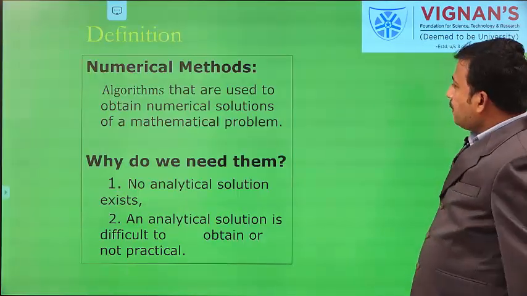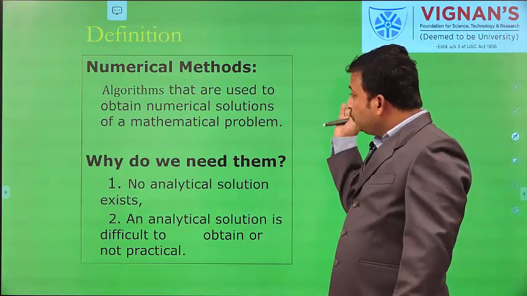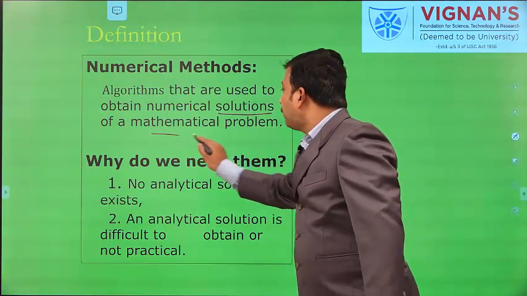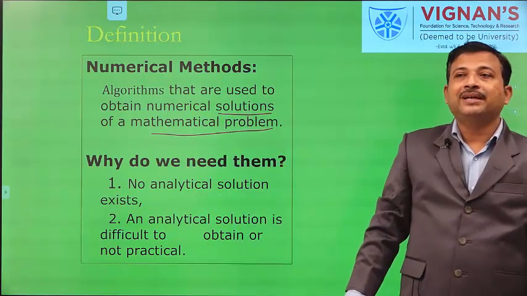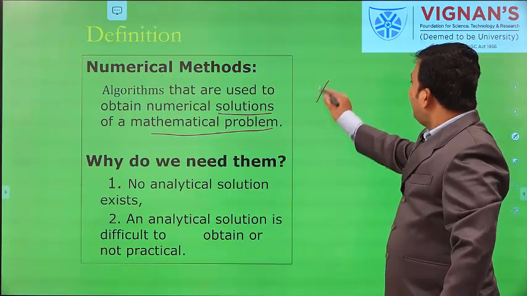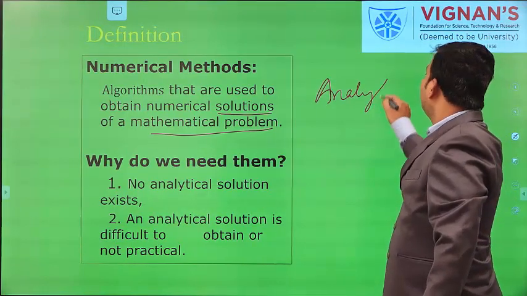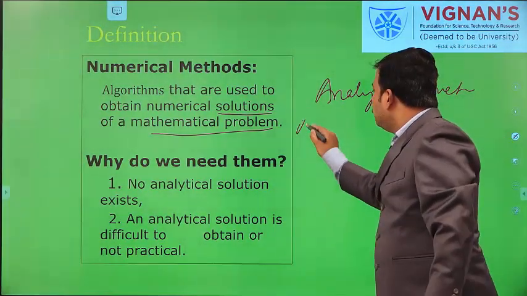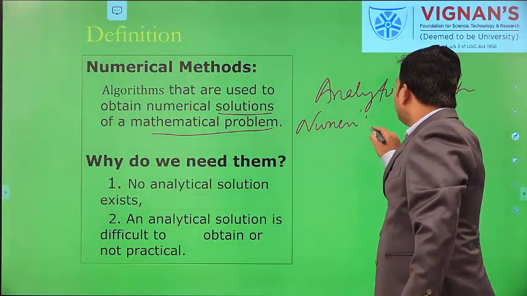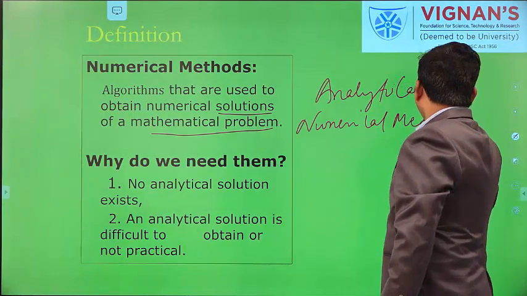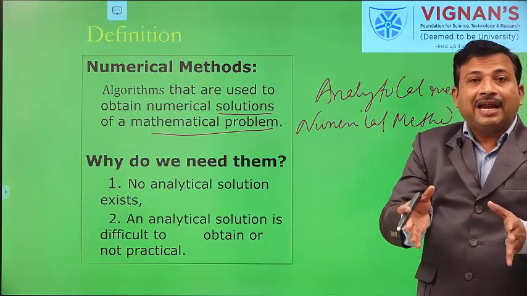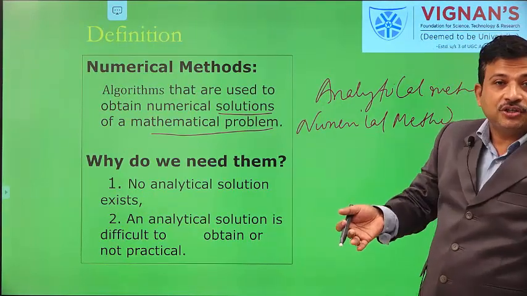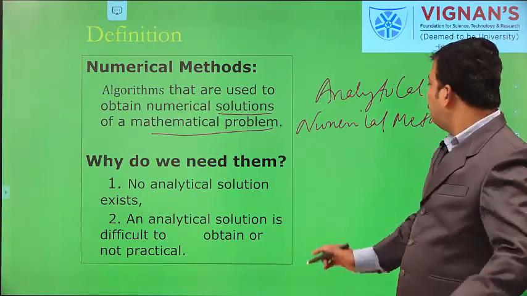Right? So algorithms that are used to obtain a numerical solution of a mathematical problem are nothing but numerical methods. So one is the analytical method, and one is the numerical method. An exact solution you will get when you use the analytical method, and an approximate solution you will get when you use numerical methods.